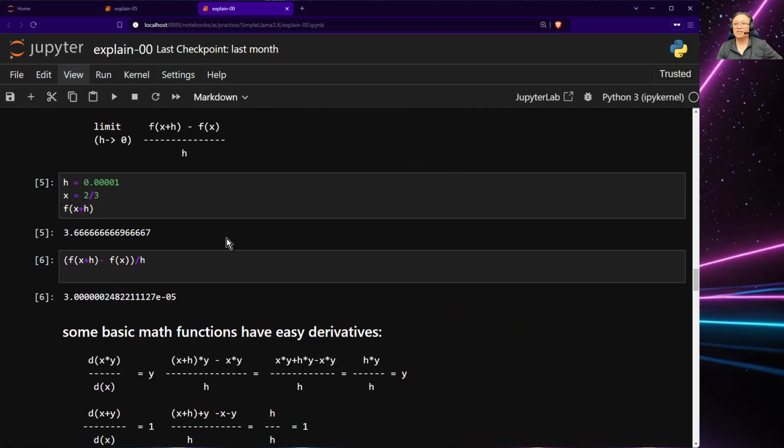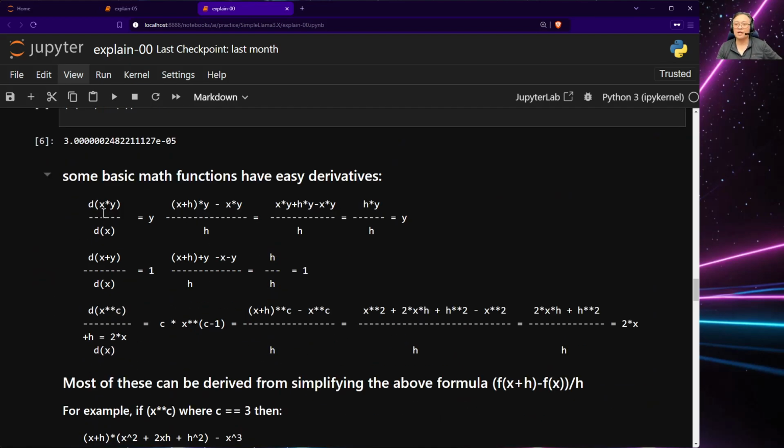Now, about symmetricity. I forgot to mention d of x times y over d of x is obviously y. d of x times y over d of y is x. Try to work this out on your own. It's a pain, I know, but it's good for you. It's a good kind of pain. And obviously, the important thing here is that d of x with respect to d of x is always 1.